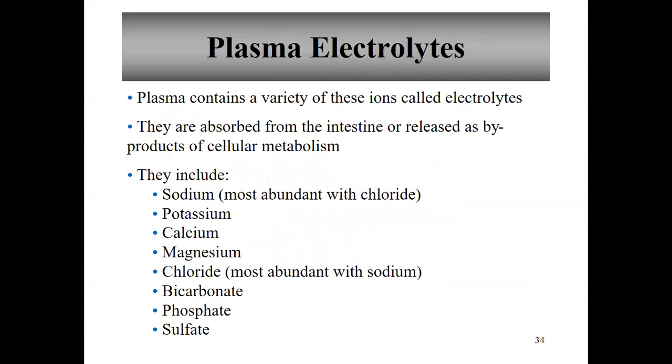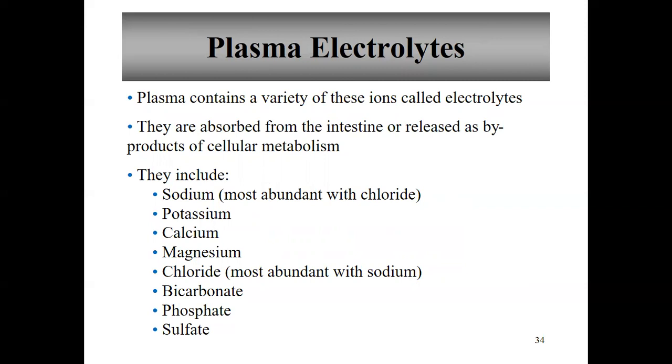So plasma electrolytes. Blood plasma contains a variety of ions. These are charged particles that are called electrolytes. So if you remember, your magnesium has a positive charge. Your chloride has a negative charge. All of these things have either positive or negative charges. And because they are charged particles, they're called electrolytes.